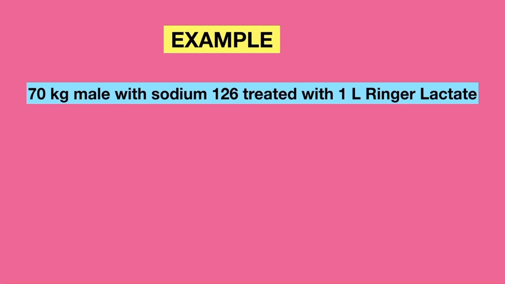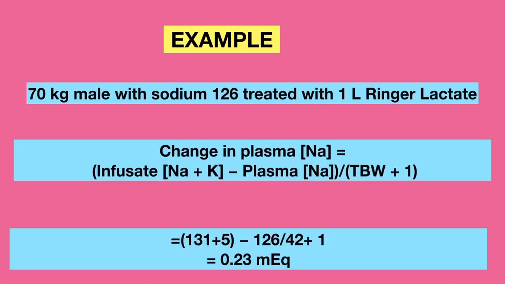If you take 1 liter of ringer lactate in the same patient, what will happen? We know the sodium concentration is 131 and the potassium concentration is 5 milliequivalents. So it is 136 minus 126 divided by 42 plus 1. It is equal to 0.23 milliequivalents.